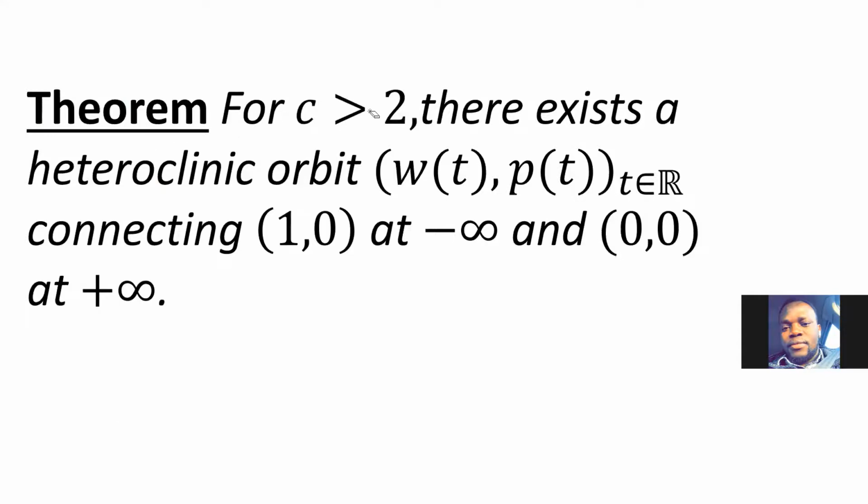For c greater than 2, there exists a heteroclinic orbit W(t), P(t) for t belonging to R, which connects the point 1, 0 at t equals minus infinity and 0, 0 at t equals plus infinity.